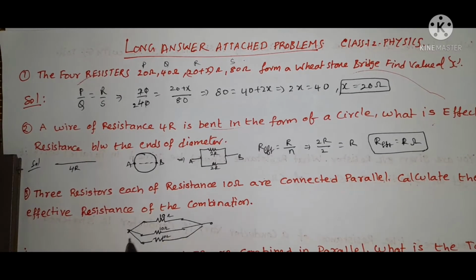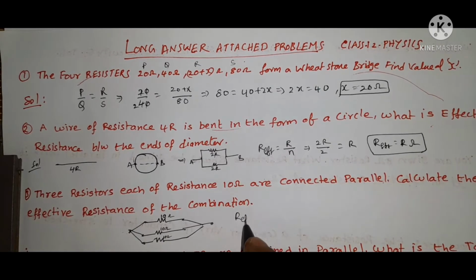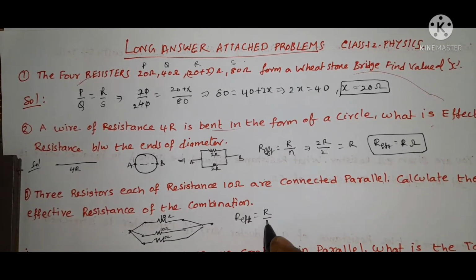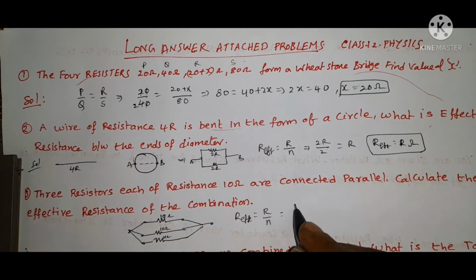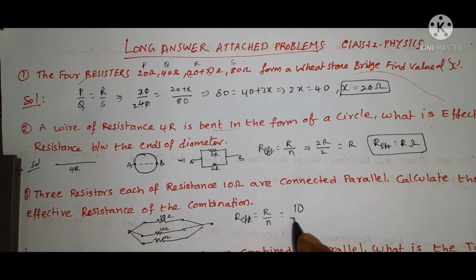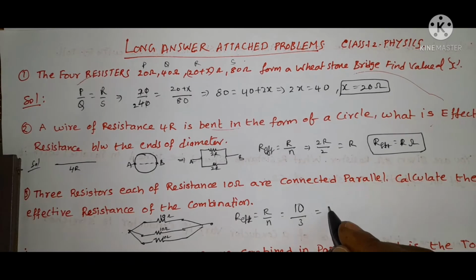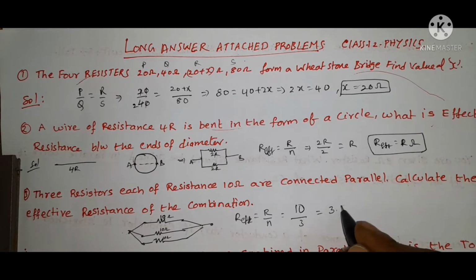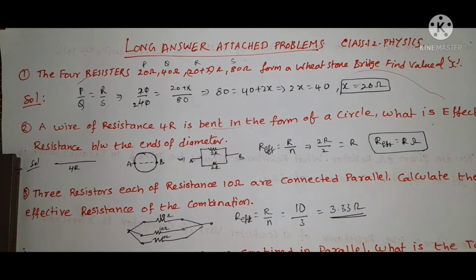So effective resistance, if they have the same resistance, is simply R by N. R is 10, N is the number of resistors, 3. So 10 by 3 ohms, or simply 3.333 ohms. This is the answer.